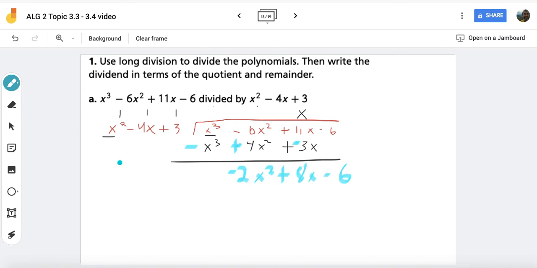All right. Then I look at the negative 2x squared and the x squared, and I see when you divide by x squared, I just have the negative 2 left, so this is a minus 2. When I multiply by negative 2, I get negative 2x squared.